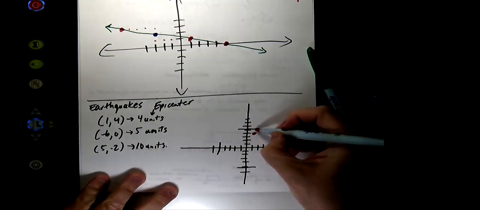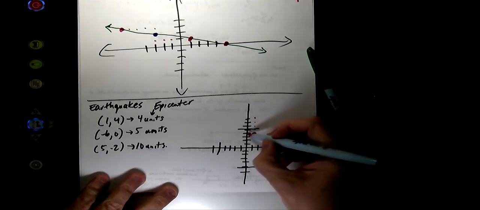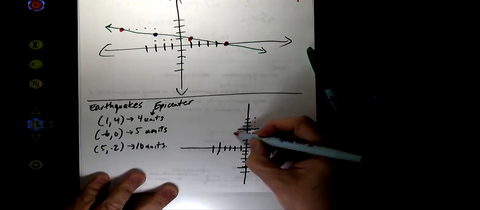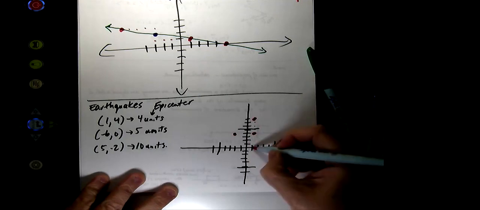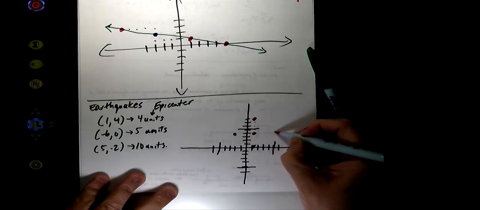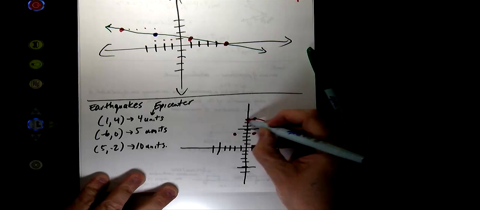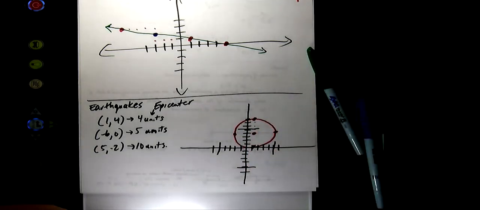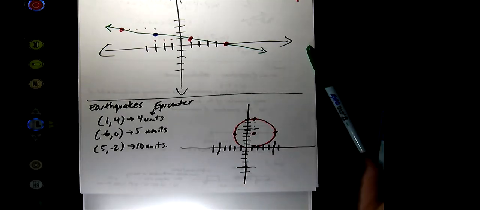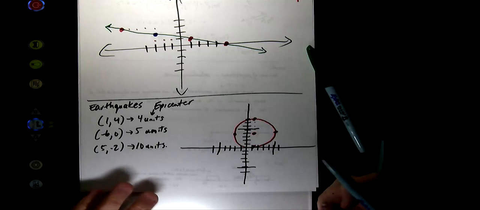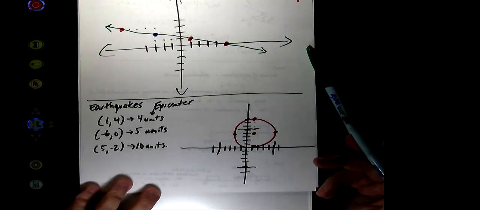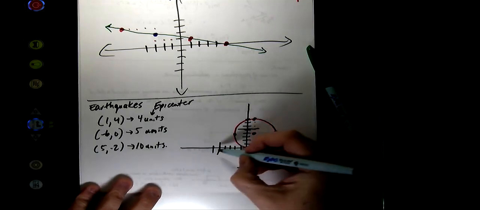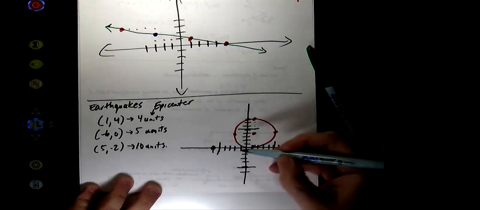So we could draw a circle from here, and the earthquake is somewhere on that range. They know how far away it is by how long it takes to show up on the seismograph; they do it based on time. Then there's another point at -6, 0, and they know it's 5 units away.